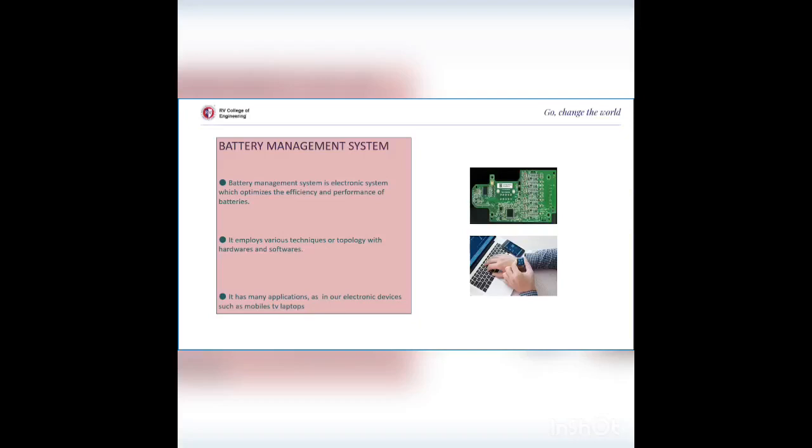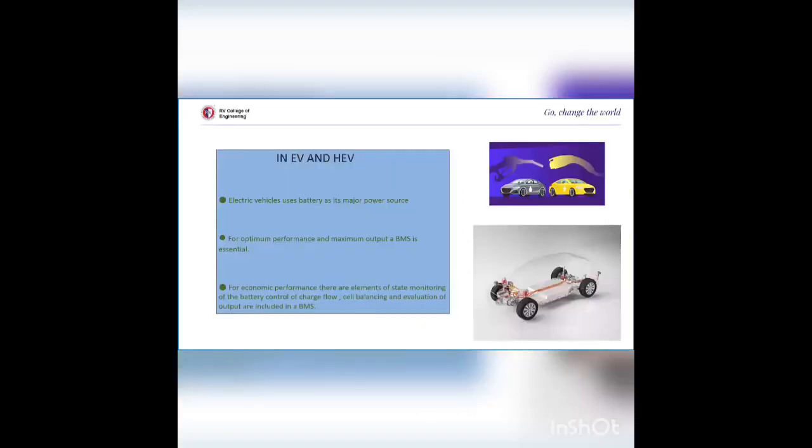There are many applications of batteries that we don't even know of, in very common electronic devices such as smartphones, laptops and smartwatches, etc. Traditional fuels have many problems associated with them, such as pollution and non-renewability.